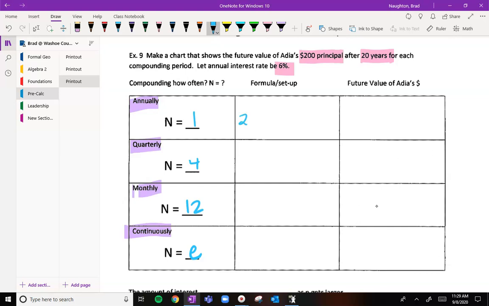What we're going to notice is that you go 200, 1 plus 0.06 divided by 1, to the 1 times 20. And then 200, 1 plus 0.06 divided by 4, to the 4 times 20. We're just plugging in all these different equations here.